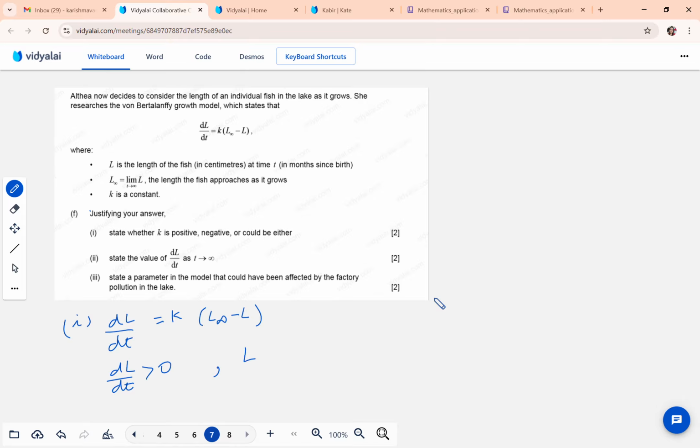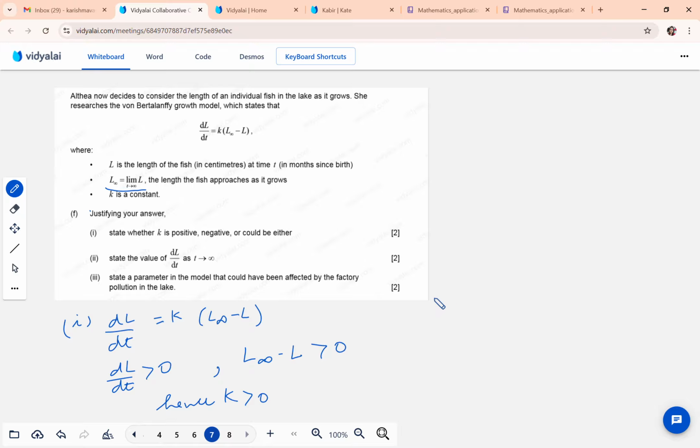Next, L infinity minus L, where L infinity means that when t is increasing, the length also grows, so it's also increasing, right? So if you see the difference, larger value minus the smaller value, it will also be positive. So if both are positive, that shows that k will also be positive. So here k is positive.